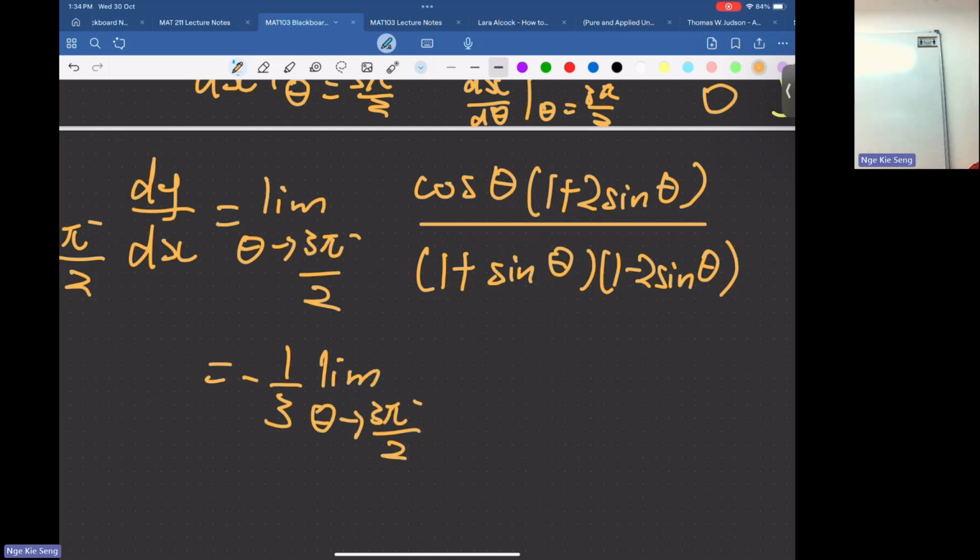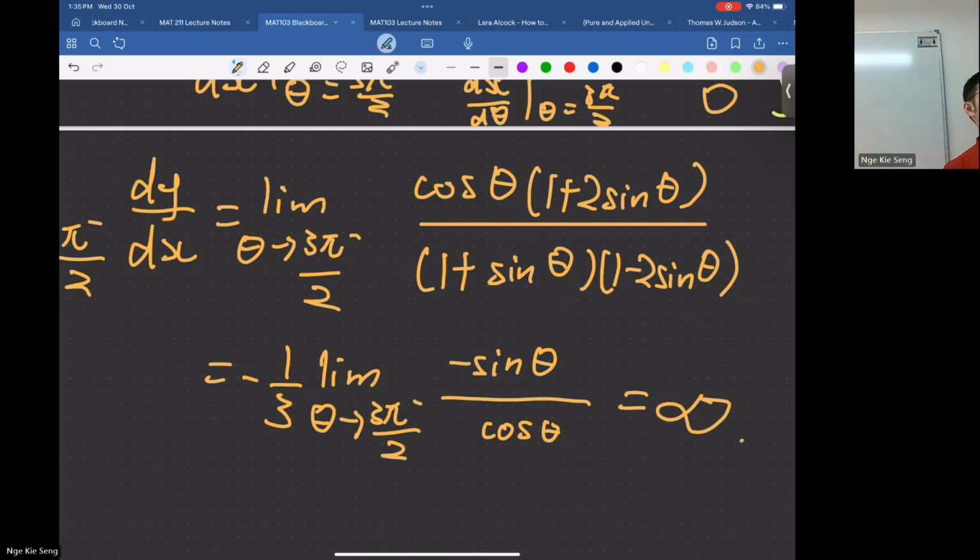Okay, so if we use L'Hopital's rule on these two items here, what do we get? At the top we should get minus sine theta. At the bottom, cos theta. So what's the limit of this again? Just now, Liang said that sine theta will go to minus 1. So you get 1 at the top. Here, it goes to 0. Meaning this one will diverge.